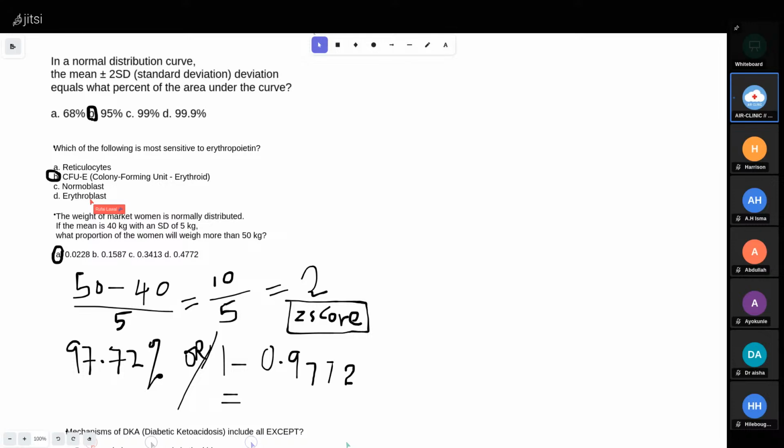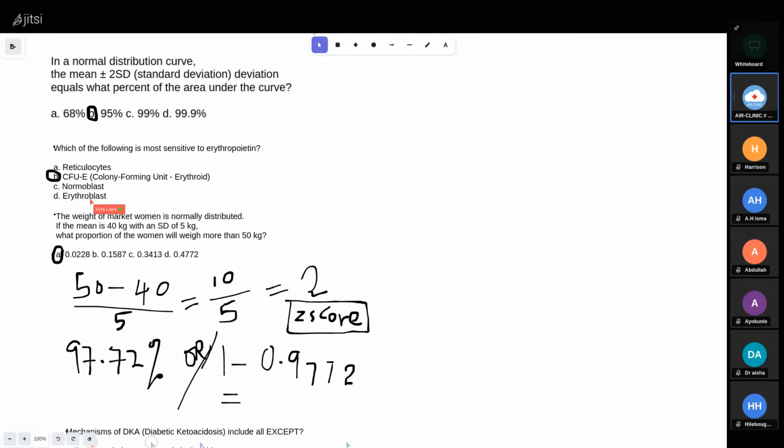Afterload is what happens after the heart. Preload is what happens before the heart. So you have to think of it that way. You can easily figure it out. So it's arterial pressure. After the heart, what happens?